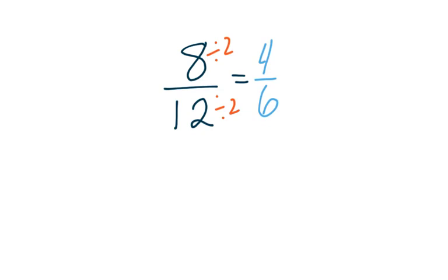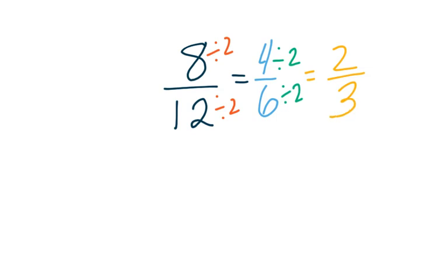I have to take a look at the new equivalent fraction that I got, and I have to see if this one is in its simplest form. Well, are both of my numbers even? Yes, they are. And so they're both divisible by 2 again. So I need to divide again by 2. When I do that, 4 divided by 2 equals 2, and 6 divided by 2 gives me 3.